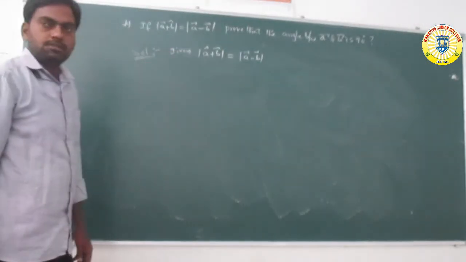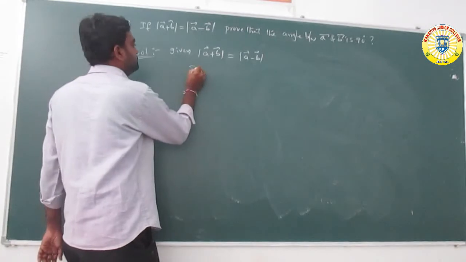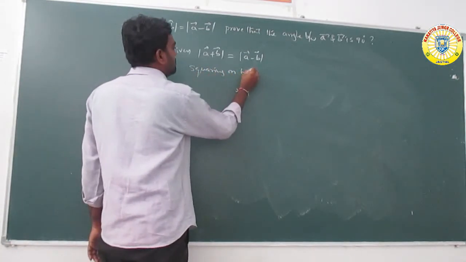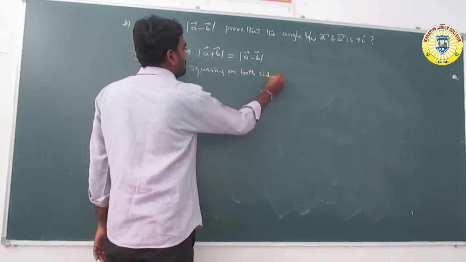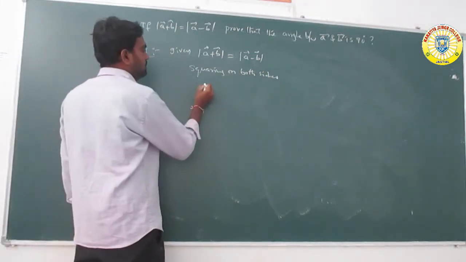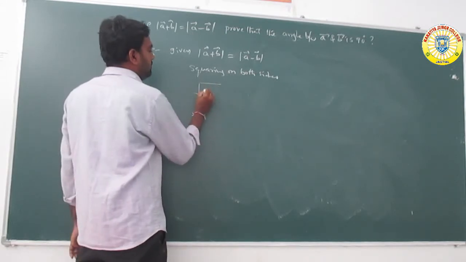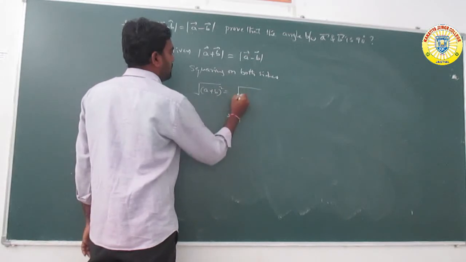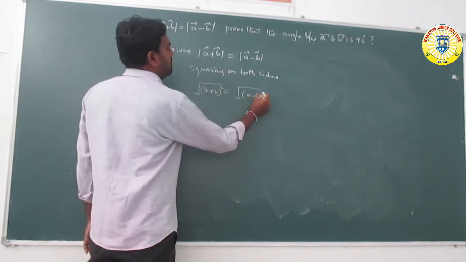Squaring on both sides, under root is taken. So under root of A plus B whole square is equal to under root of A minus B whole square.